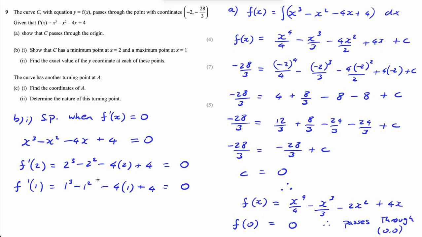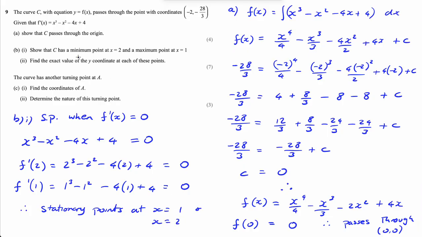So they have stationary points at 2 and 1. Therefore, stationary points at x equals 1 and x equals 2.